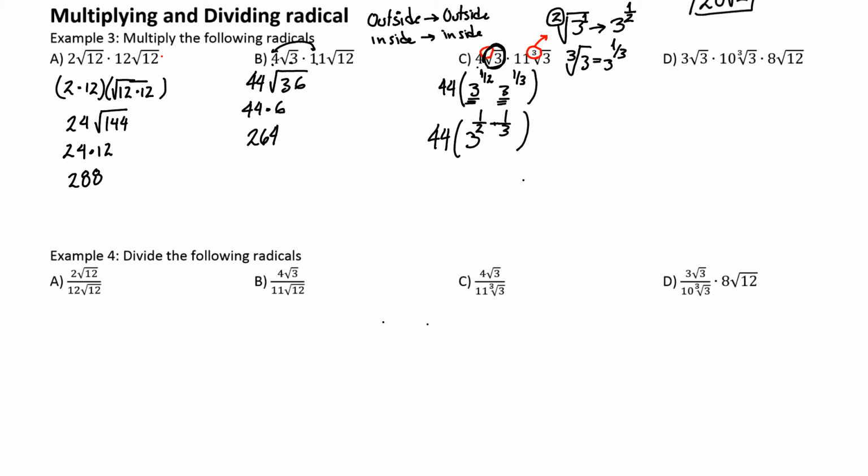Of course, since it's fractions, we need to have a common denominator when we're adding the fractions together. And you're going to have 3 over 6 plus 2 over 6. And you're going to get 3 to the power 5 over 6.